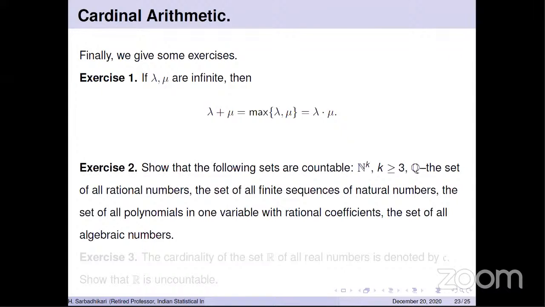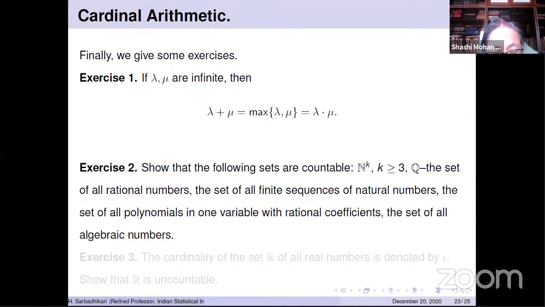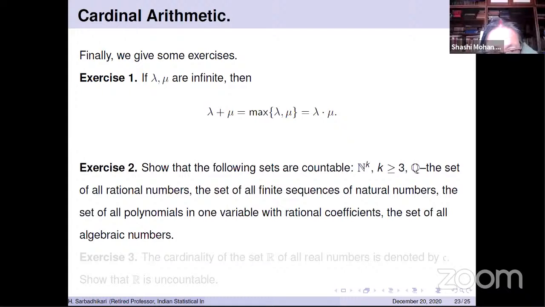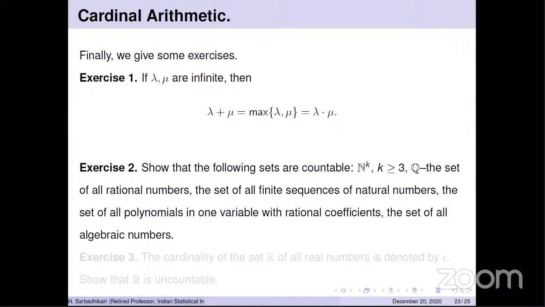Now, the rational number set is also an infinite set. If you consider the rational coefficients, the rational numbers would be the set X. Then all the polynomials would be like X cross X, and so on.